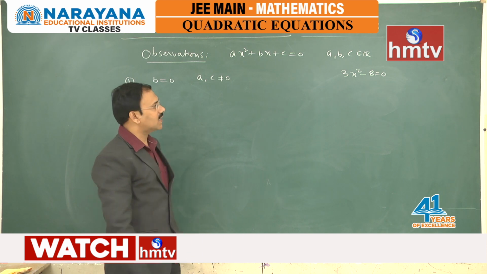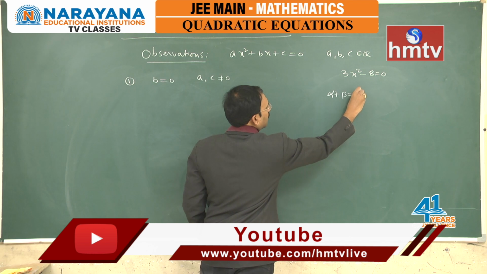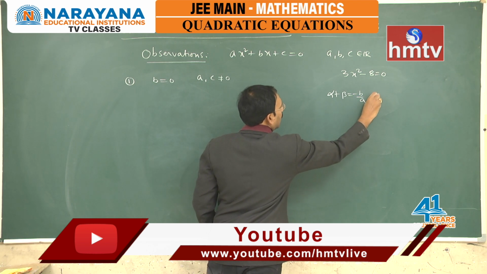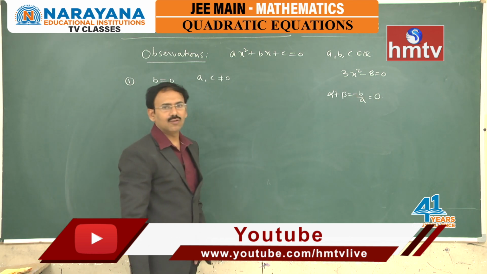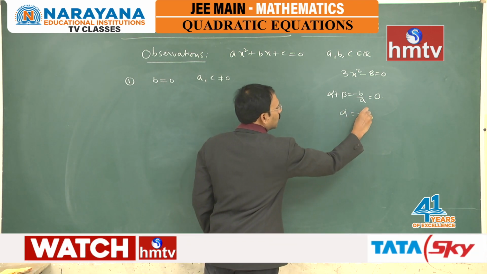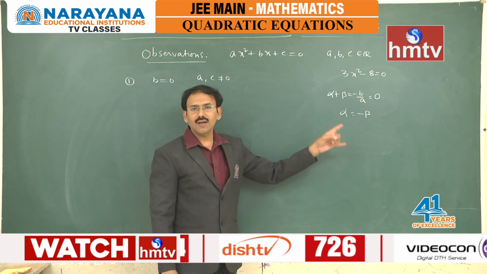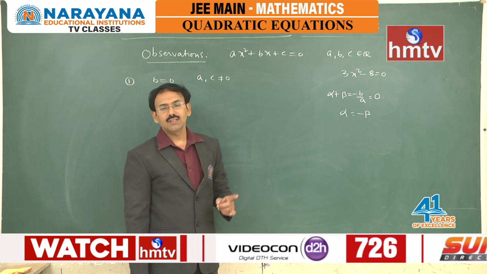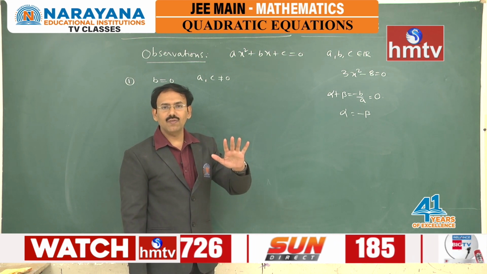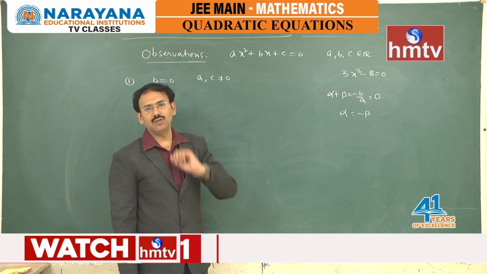In this case, the sum of the roots, alpha plus beta, is minus b by a, which is 0, and hence alpha is equal to minus beta. If alpha, beta are real, the roots will have the same magnitude with opposite sign, and hence the same absolute value.